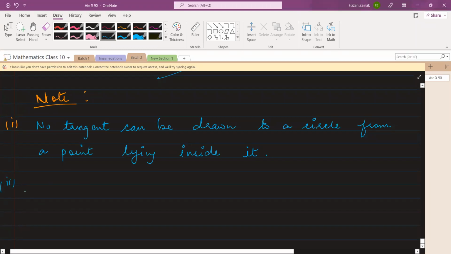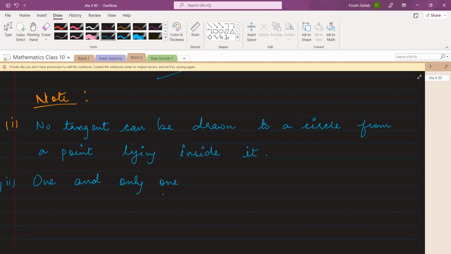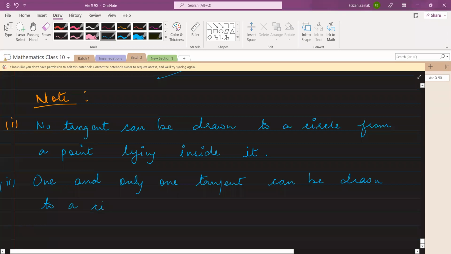Okay. Now, second, when the point lies on the circle, one and only one. Okay, there's no other possibility. Only one tangent can be drawn to a circle at a point on the circle.